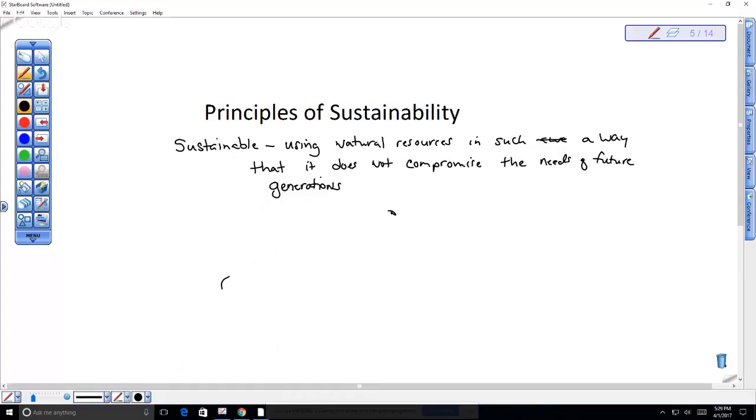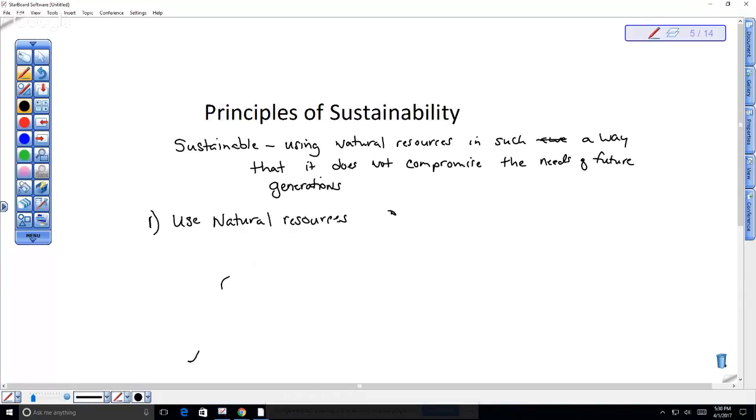Okay, so principles of sustainability. The first one is that we will use natural resources and environmental services in a sustainable way, right? So number one is use. The first one is natural resources. A natural resource is something that we get from the planet. It could be water, it could be minerals, it could also be even our atmosphere, right?